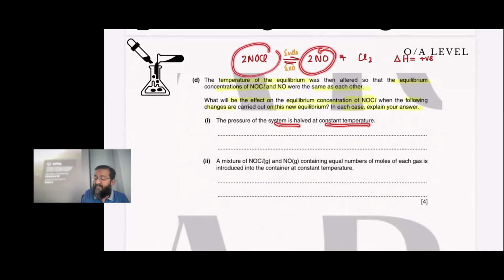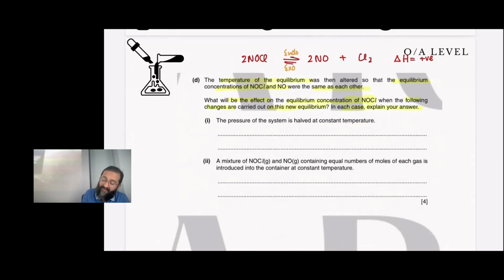Okay, the pressure of the system is halved at constant temperature. What we did is lower the pressure, right? So when we decrease the pressure, where does the equilibrium shift? Towards more moles of gas or fewer moles of gas?